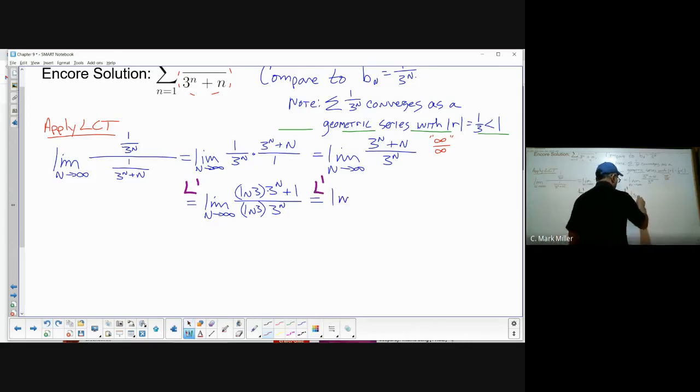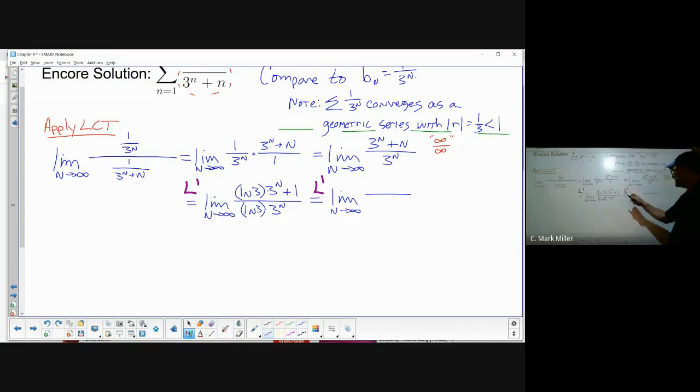Limit. The derivative of that again, derivative of the 1 is 0. This is going to be log 3, keep in mind, is just a constant. So that's going to be log 3 squared, 3 to the n, divided by log 3 squared, 3 to the n. Now those you can cancel. Equals 1. Well, student will observe.